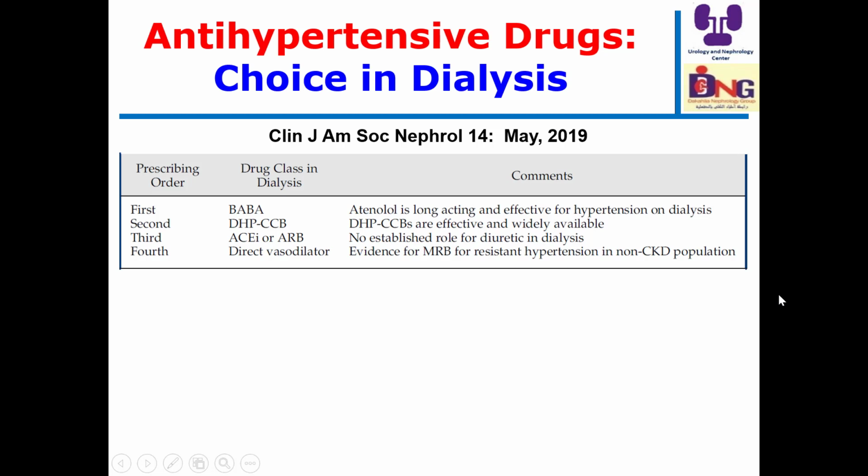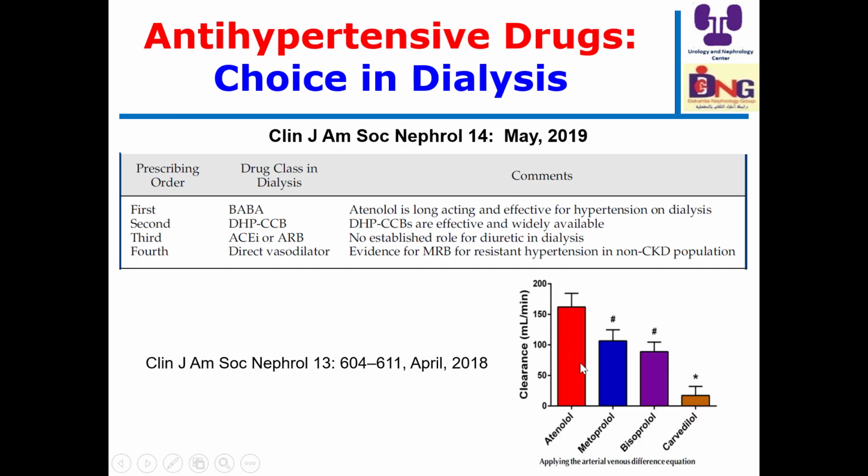What about the choice of antihypertensive in dialysis patients? In chronic kidney disease patients, ACE inhibitors or angiotensin receptor blockers are the preferred strategies for treating hypertension. In dialysis, there is increased sympathetic overactivity. This is why beta adrenergic receptor blockers, beta blockers, are the first drug to be used. But be careful about dialysability of beta blockers.